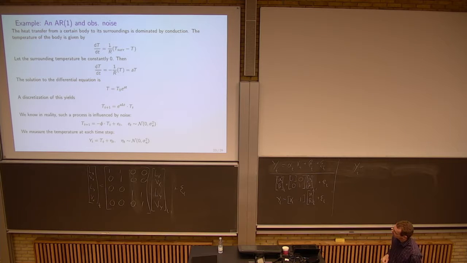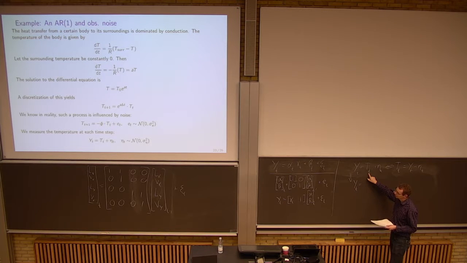Also, here the temperature is T. So we have this equation here: yt equals T subscript t plus eta t. That is equivalent to say that Tt is equal to yt minus eta t.